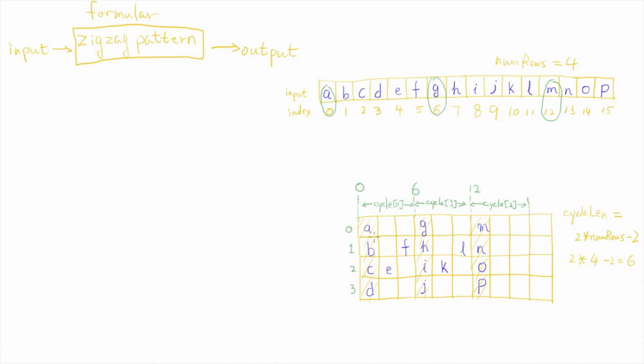The characters in the shade are the characters in the first column of each cycle. Let's first look at the character A. A is in the cycle that starts with 0, and it's at the row with index 0. So the first number is the cycle start, and the second number is the row index.